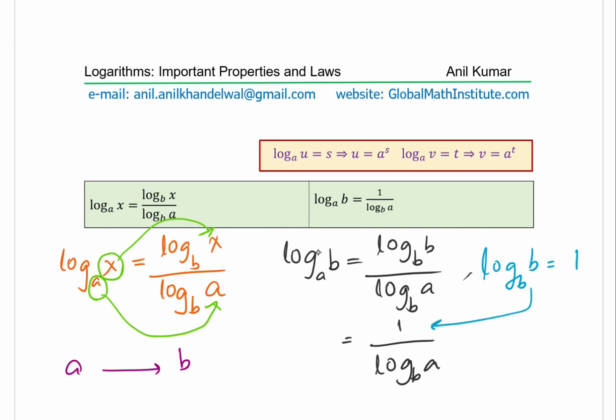And we get a result which is log to the base a of b is 1 over log to the base b of a. So do you see how the base and the argument change in this case? That is a very, very important formula.